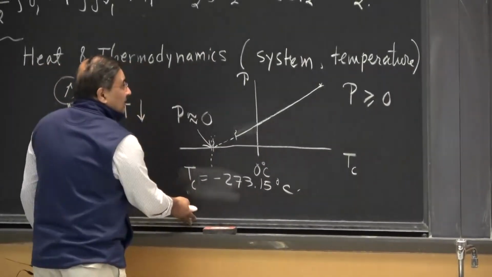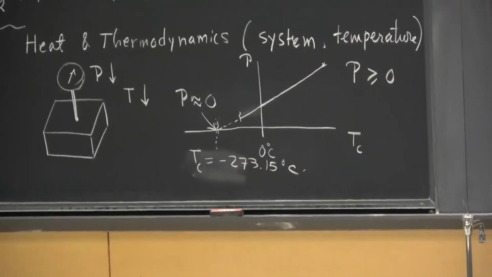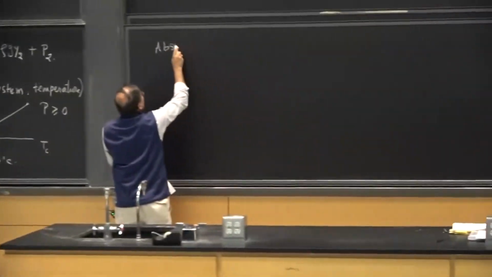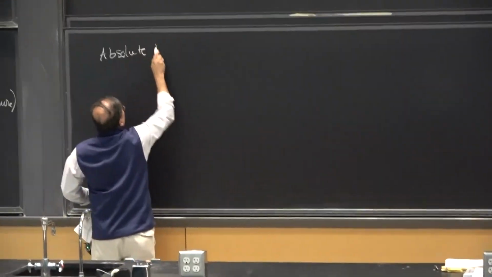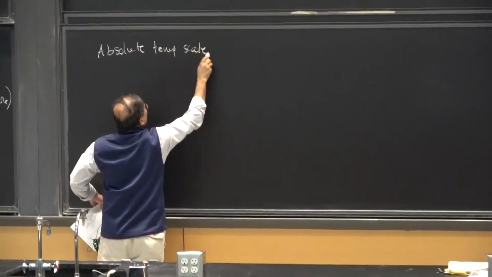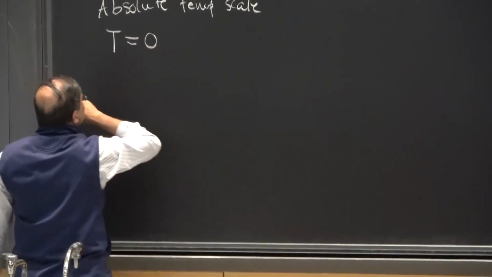So nature therefore gives us a particular temperature scale, and this temperature scale is called the absolute temperature scale. And the absolute temperature scale has T equal to 0 as the starting point.